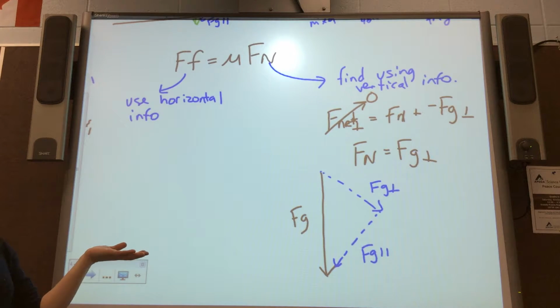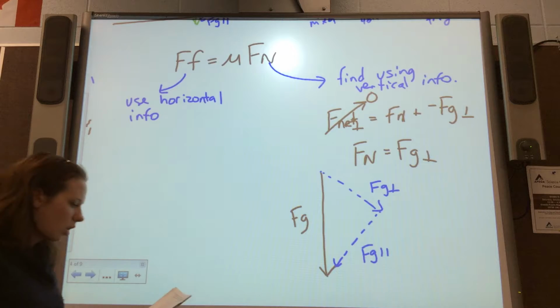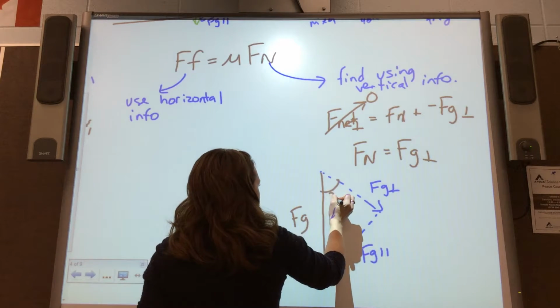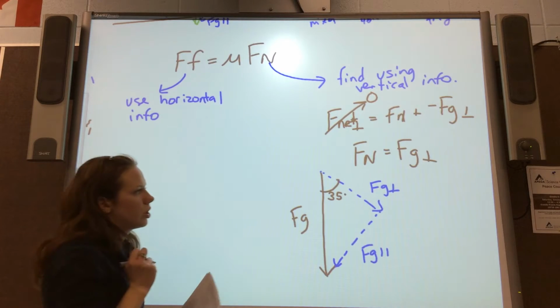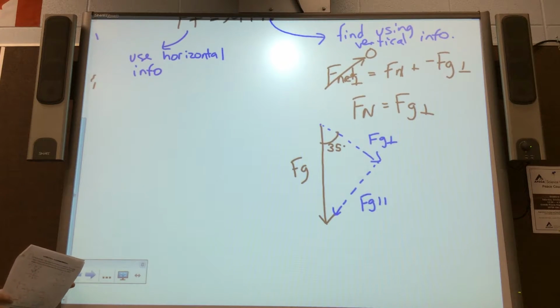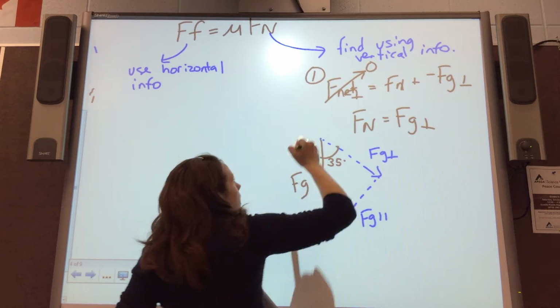So for my vertical information, I'm looking to find Fg parallel. Well, I can find my Fg. Oh, and I didn't write in my angle. I know this is 35 degrees based on the information it gave me at the beginning. And I'm just going to put a 1 here for step 1.